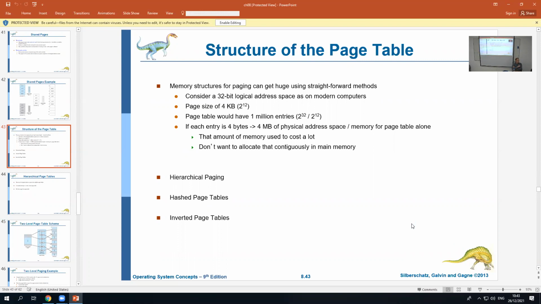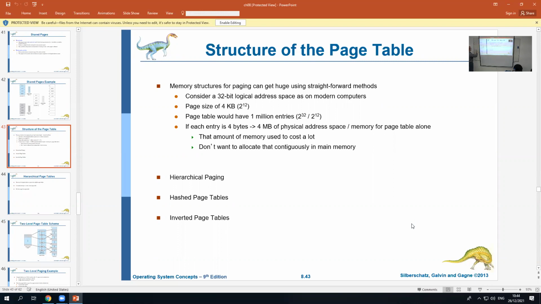The page table would have how many entries? Well, remember, we take our address. He just did it by division, but I'll show you pictorially what this means. Here's our 0 to 31. Where's this imaginary line going?